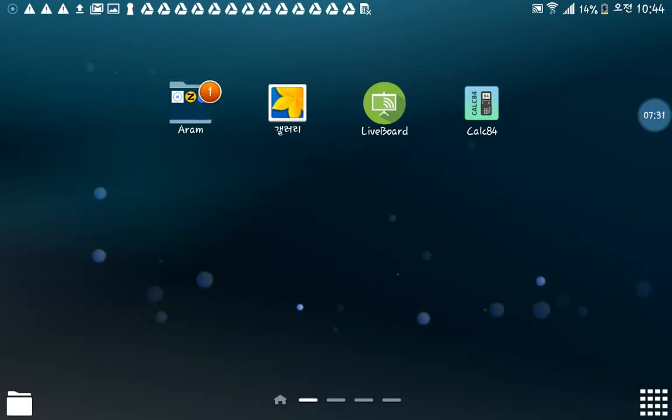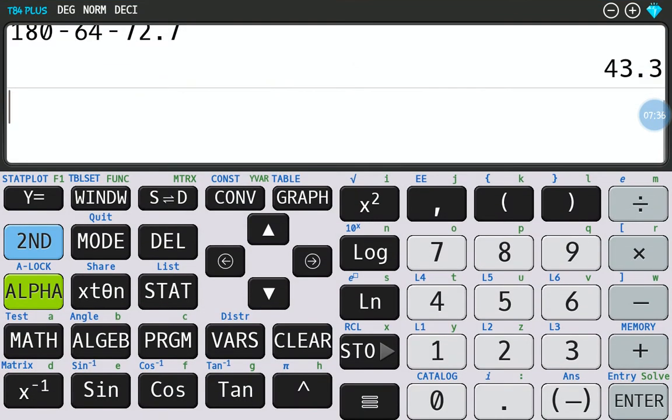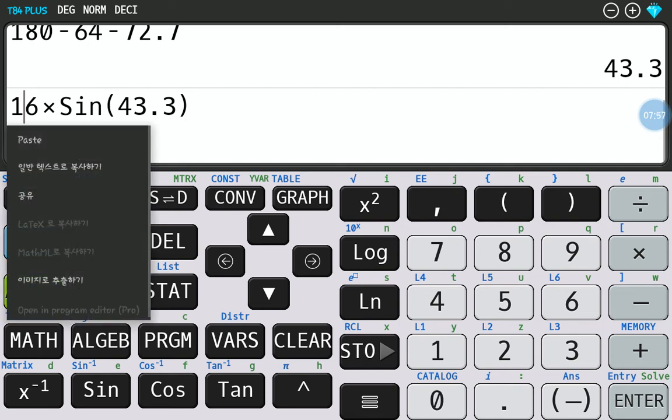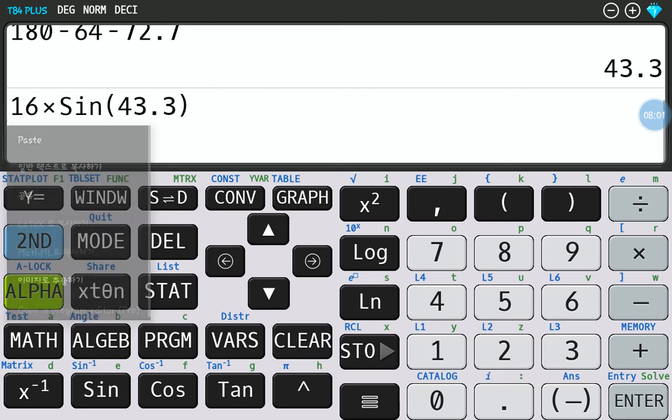I'm going to use that one. 16 times sine 43.3, it should be divided by sine 64, so you can put parentheses. That does not work, my cursor should be moved down.